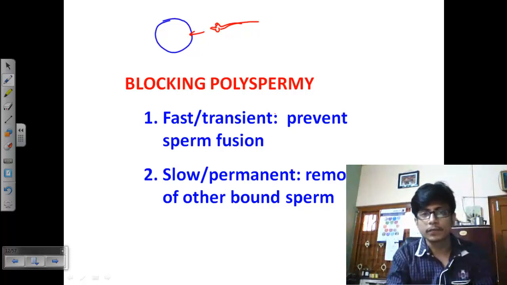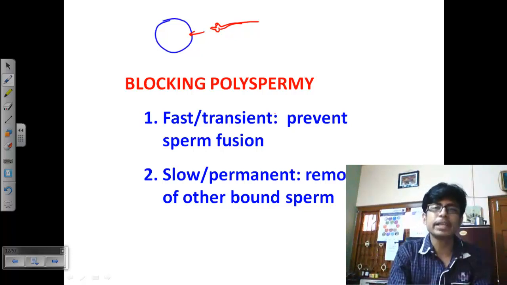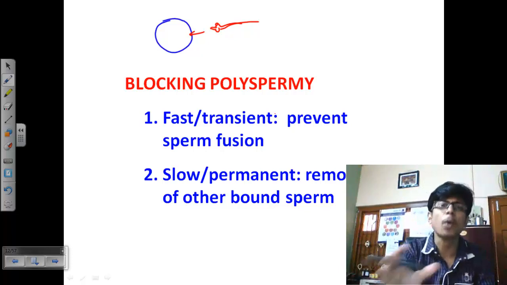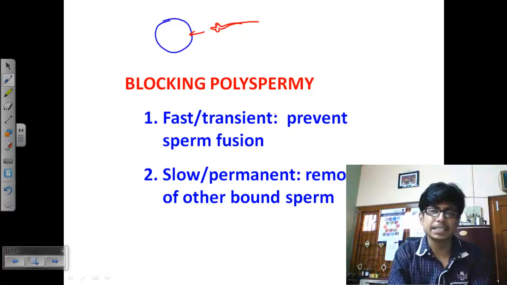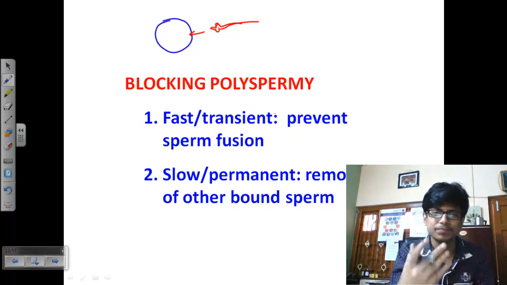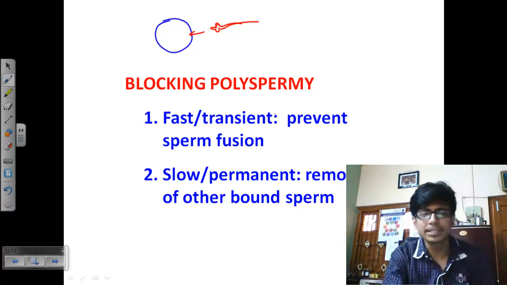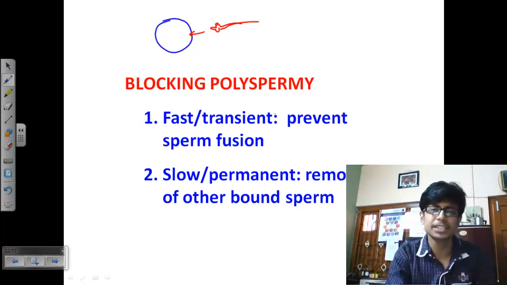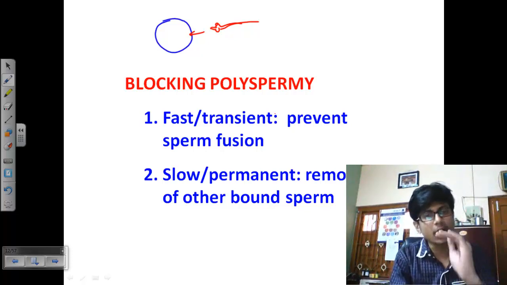Each of those phases is studied in a specific type of organism, which we take as our default organism, say like Drosophila, like sea urchin, like C. elegans and all this.